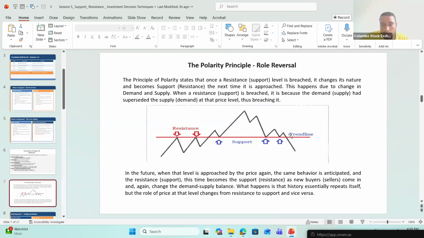Because the support line was broken here. So the next time when the price approaches this level, we can expect the price to go down from that level because this is a resistance. Like that, that is called a role reversal, when the previous support becomes the new resistance, and when the previous resistance becomes the new support. That is the role reversal.